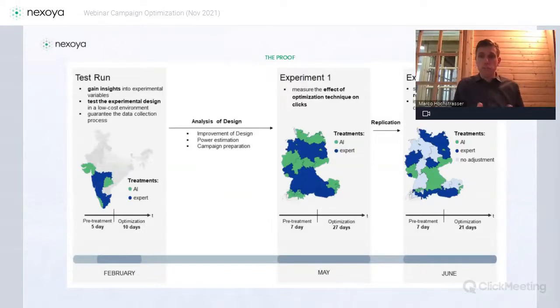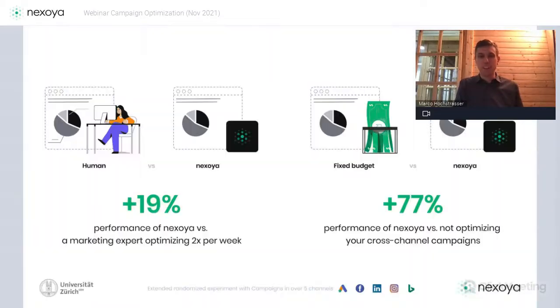And to really prove, and I'm super, super happy that this study was successful, and we actually could statistically prove that it works. And the results obviously are now exactly the answer to the question of this webinar. First, we were able to show that the AI-driven optimization with these channels is 90% better than the marketing expert doing it twice a week.